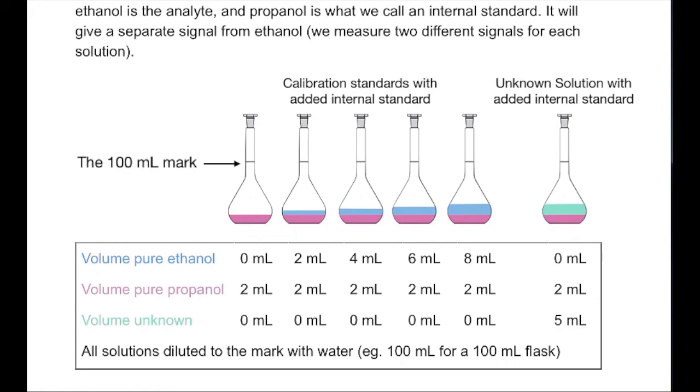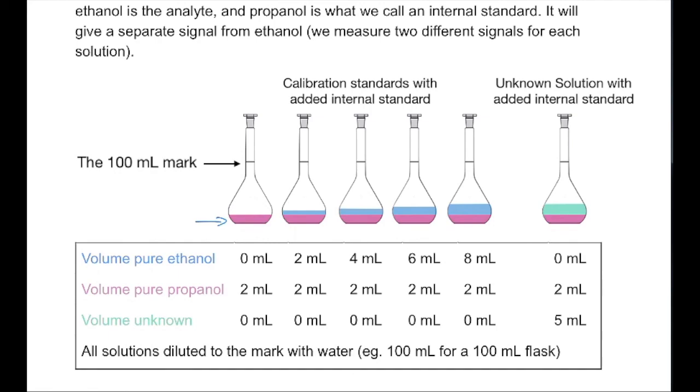So if you ignore the purple for now, that's our internal standard, but just ignore that for now and just look at the blue. So the blue almost exactly looks like how we would prepare the external calibration standards. We have nothing in the first sample, so that would be the blank, and we have increasing amounts of ethanol that we would put into each of the standards.